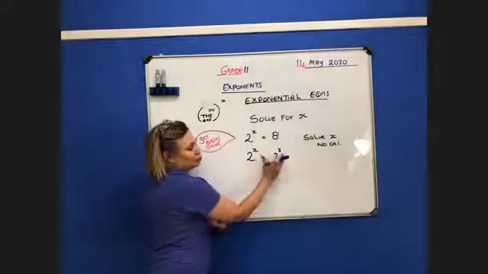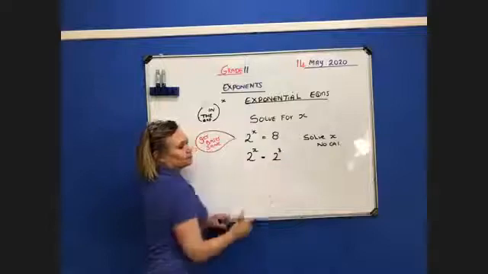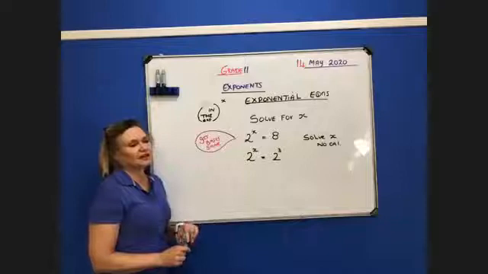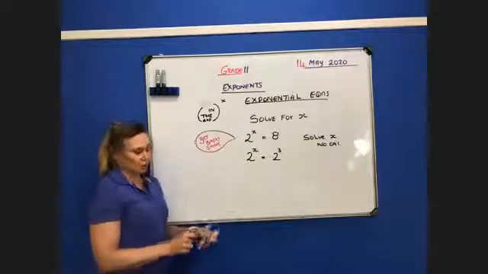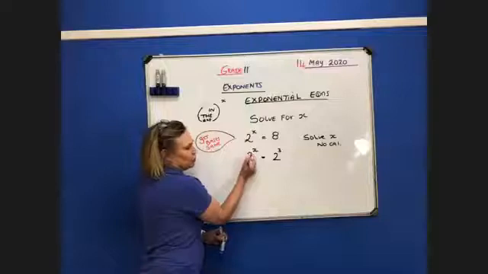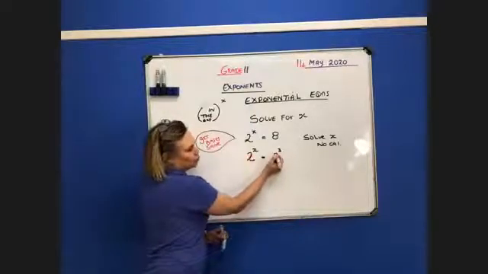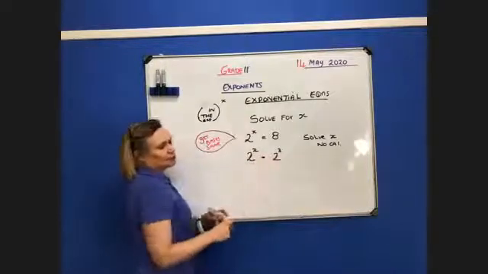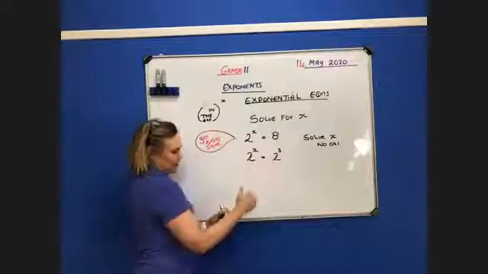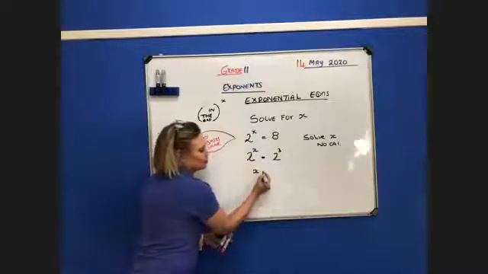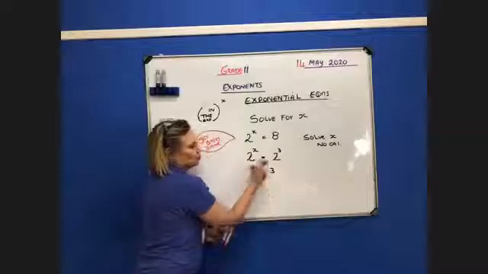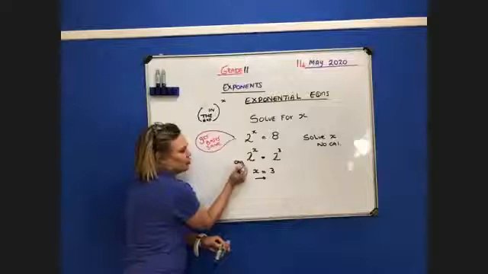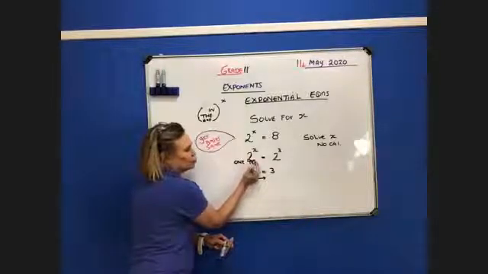When you get one term on the left side and one term on the right side, if the bases are the same, the rule says you can drop the bases and you can equate the exponent. So I have solved for x. But you can only do that if you have one term.